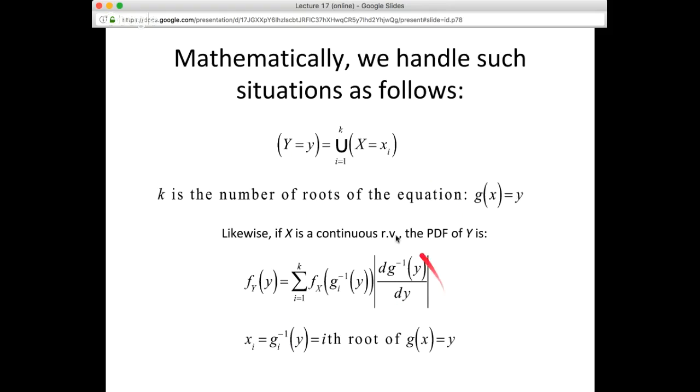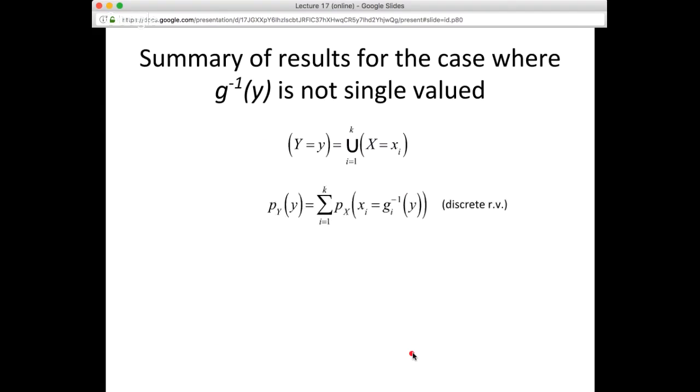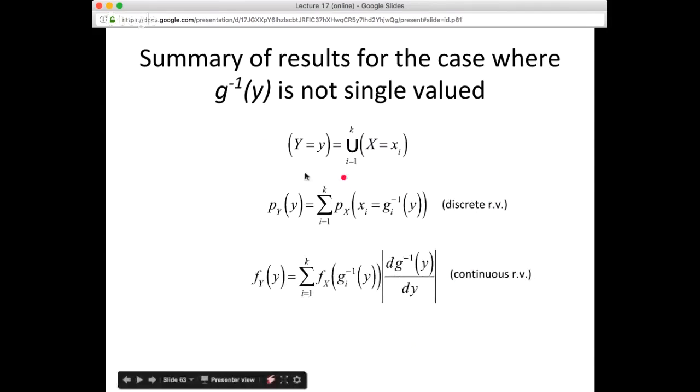So this becomes our master formula when we are interested in deriving a PDF for y given a PDF for x, in a situation where we have multiple roots for this equation, g of x equal to y. And so here's kind of the big summary. Again, in the case where g inverse of y is not single valued, we're going to say that the event random variable y equal to little y is going to be the union of all of the events associated with those different roots for x.